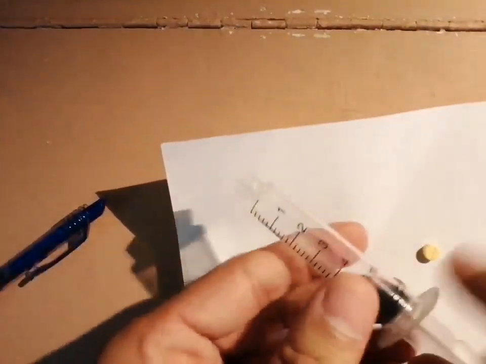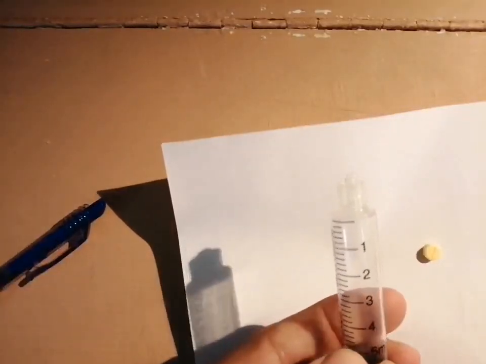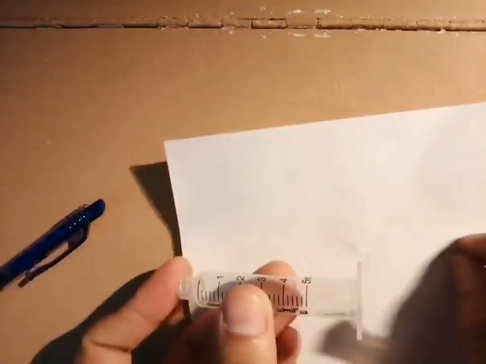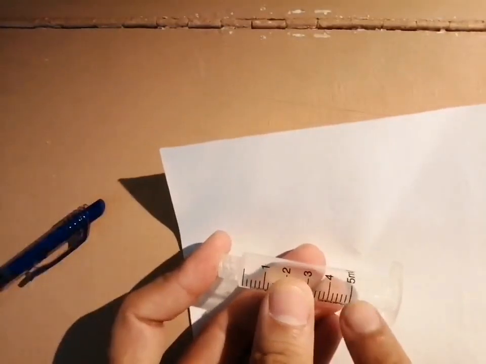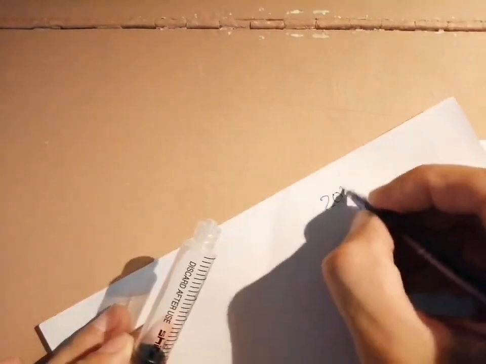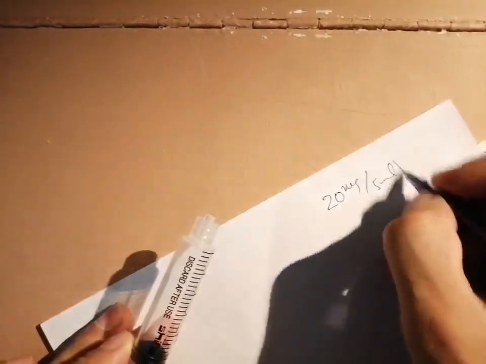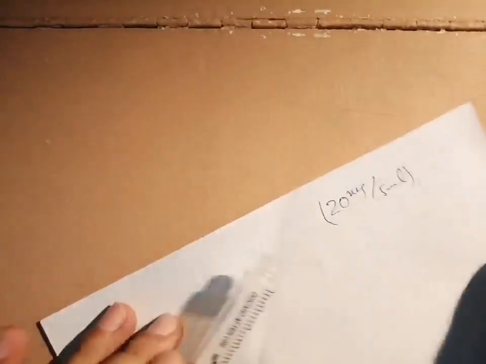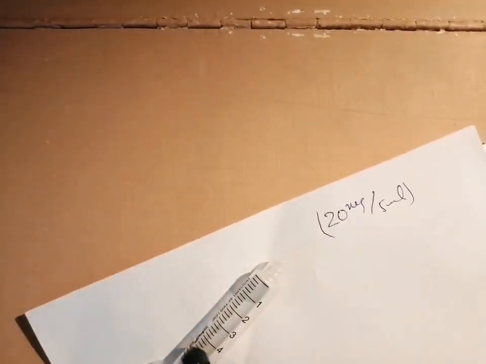Let's say I pour that powder into this 5 ml syringe and fill it with water up to 5 ml and shake it, it would turn out to be 20 mg per 5 ml, right? So 20 mg per 5 ml.